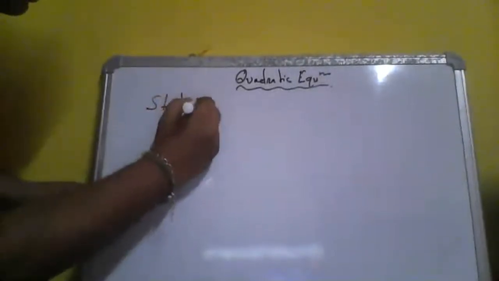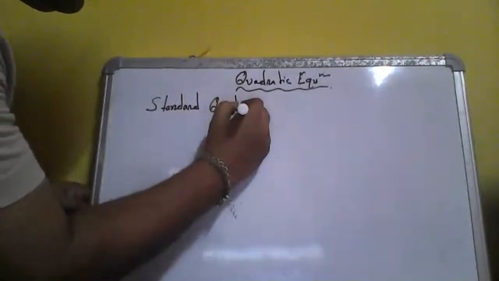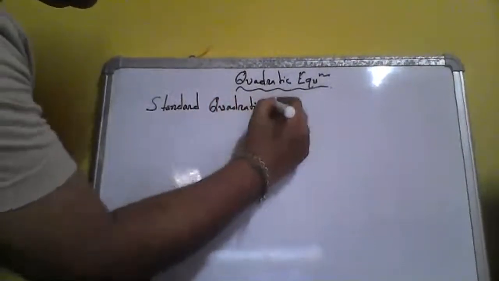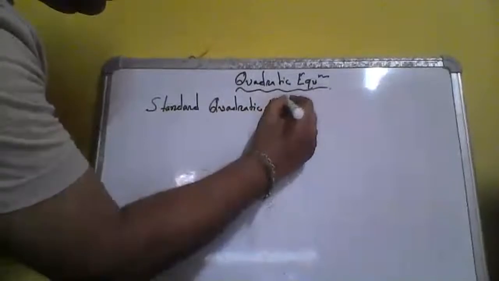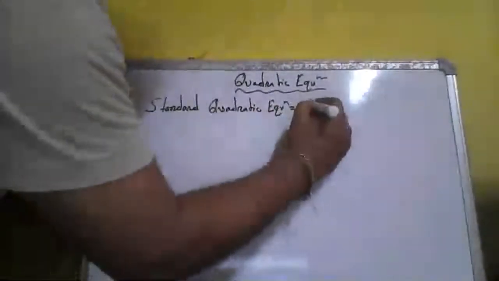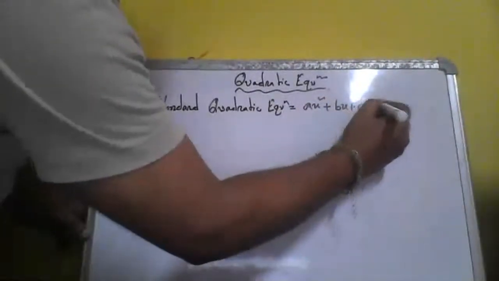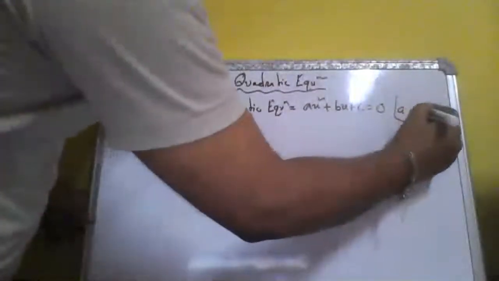In advancements you did. The standard quadratic equation is ax square plus bx plus c equal to 0. This is the standard quadratic equation, and a not equal to 0.